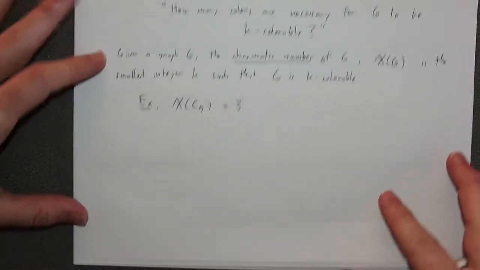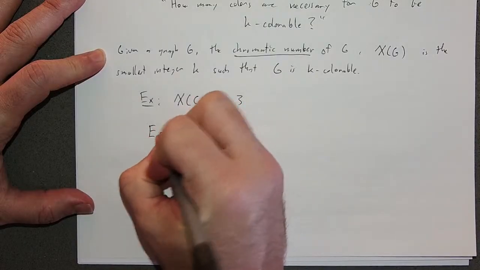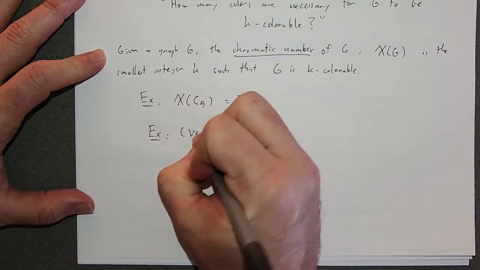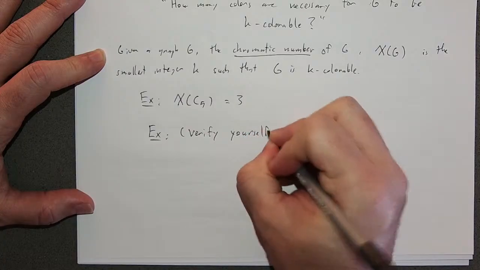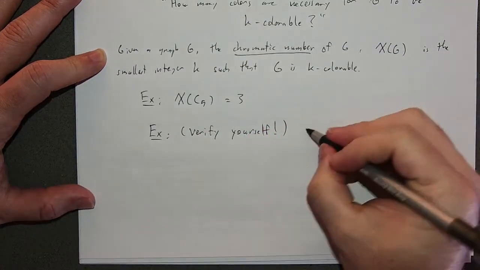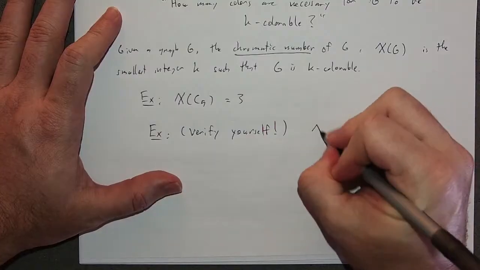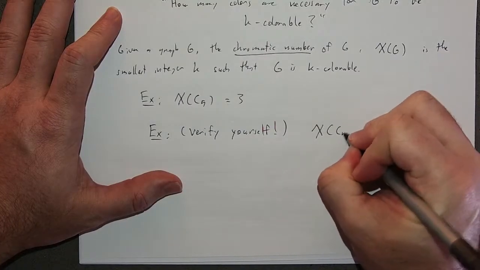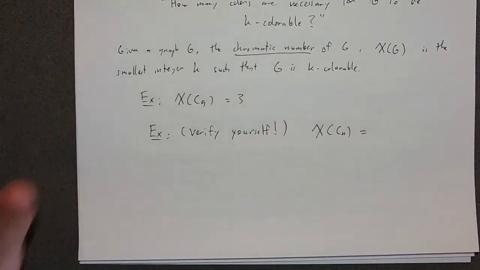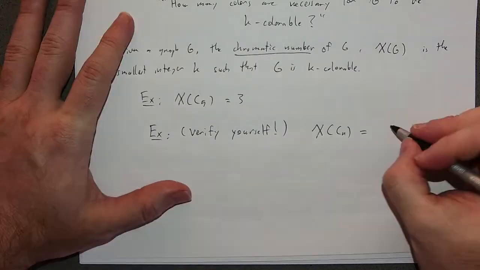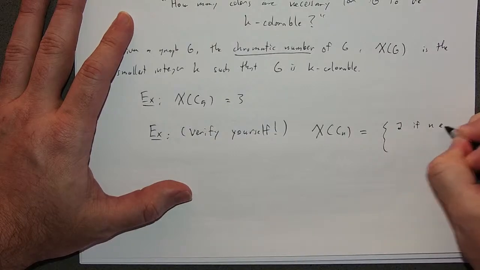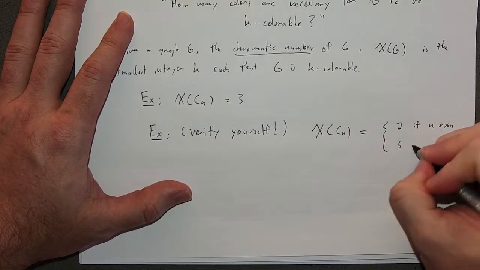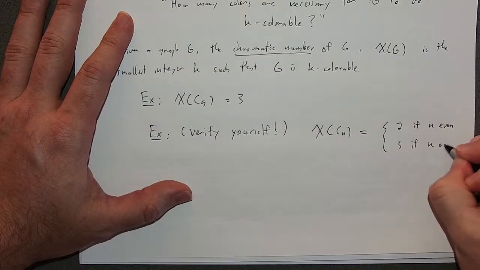Here are some facts or further examples you can verify yourself. What is the chromatic number of any cycle on n vertices? This is 2 if n is even, and 3 if n is odd.